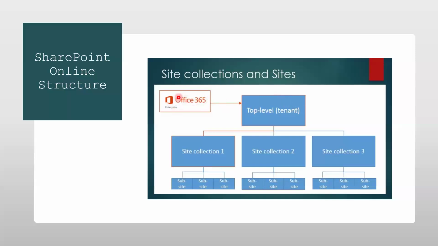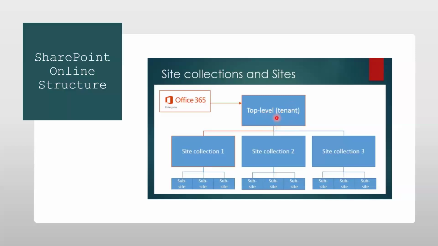SharePoint Online is a package that comes with Office 365. So we display Office 365 here, and within that, we can create multiple site collections and sites. A site collection is nothing but a top level site.